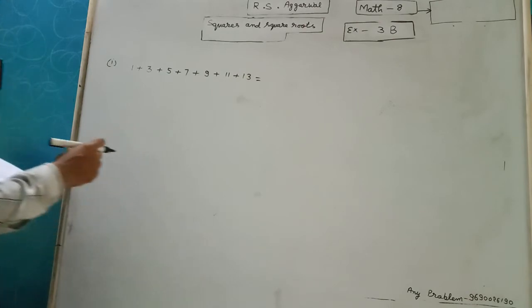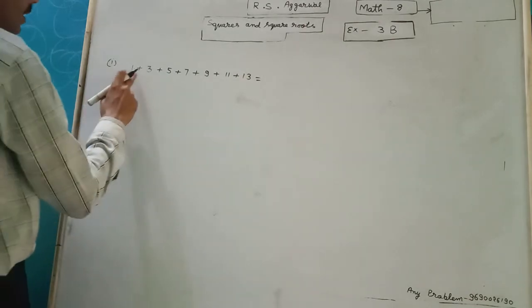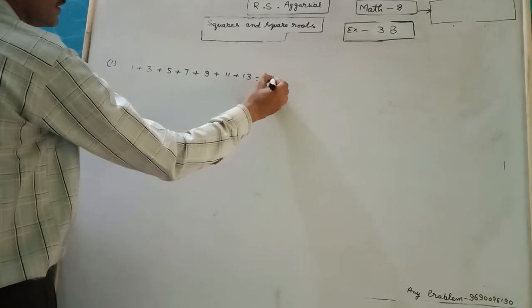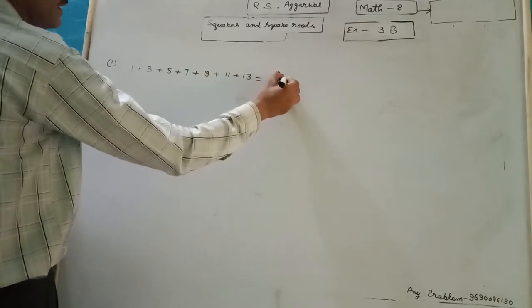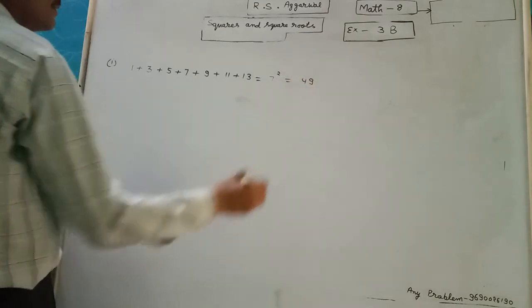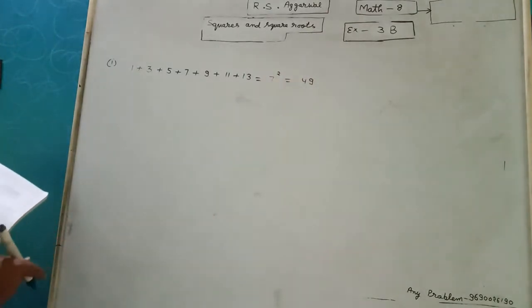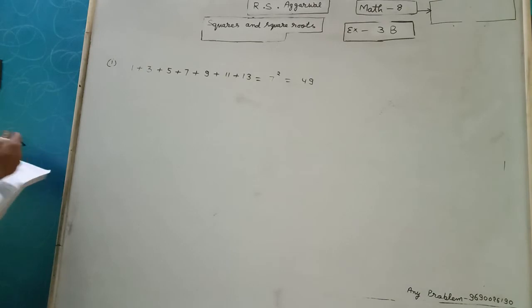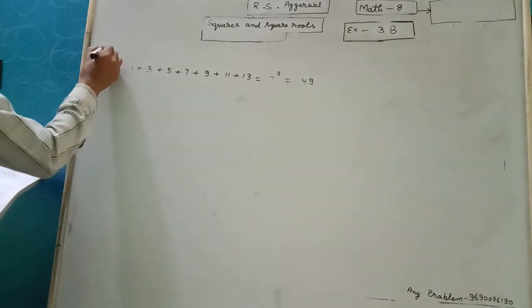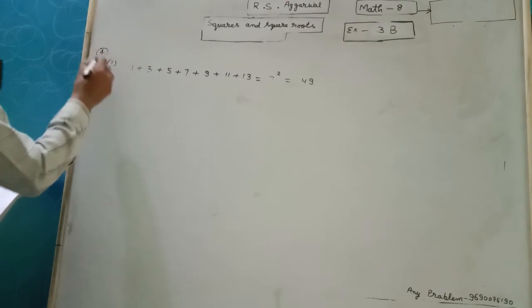Count the number 1 2 3 4 5 6 7. Write the 7 square. 7 square will 49. Only you count the number. Question number 4, first part.